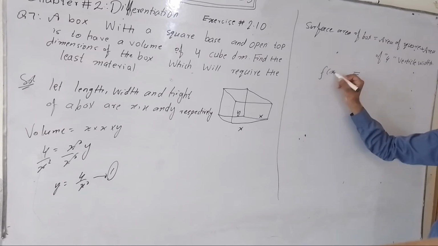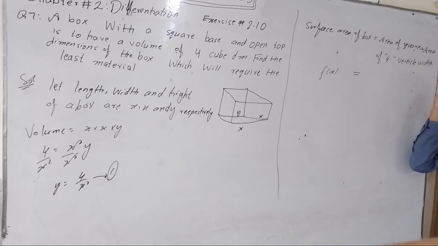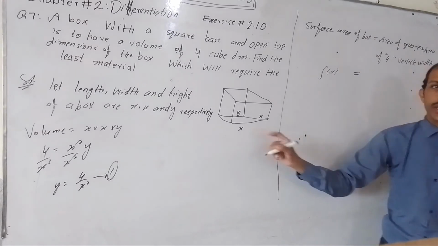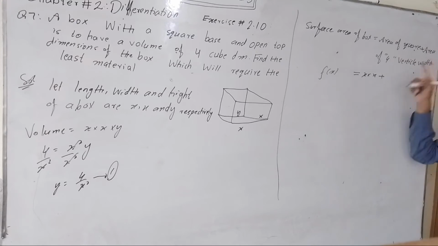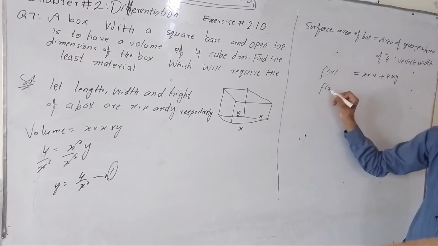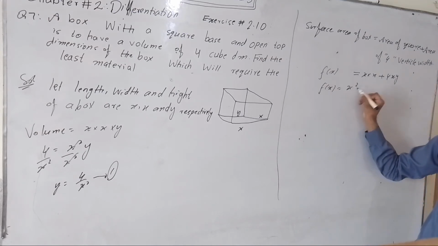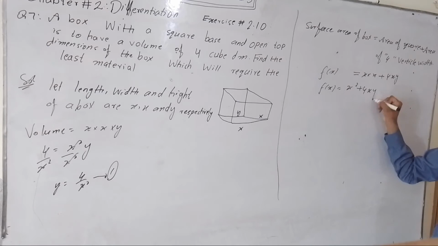So f of x is equal to the area of the square, which is side times side, x multiplied by x, plus the area of the 4 vertical walls, which is 4xy. f of x is equal to x square plus 4xy.